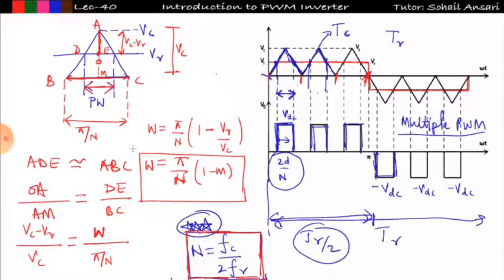We will put these values. OA is the difference between carrier and reference voltage magnitude, Vc minus Vr, and AM is Vc. DE is the width of the pulse and BC can be derived from here as equal to pi by n.